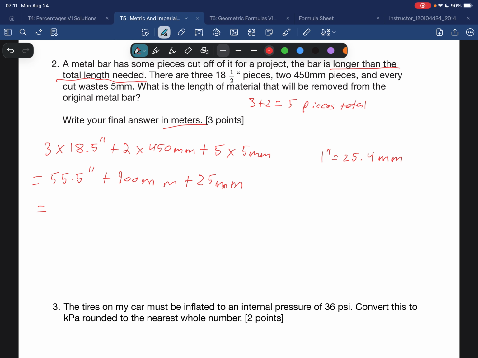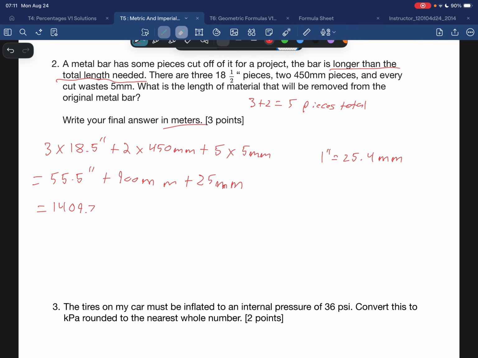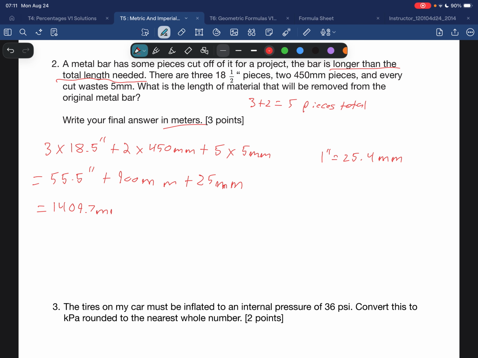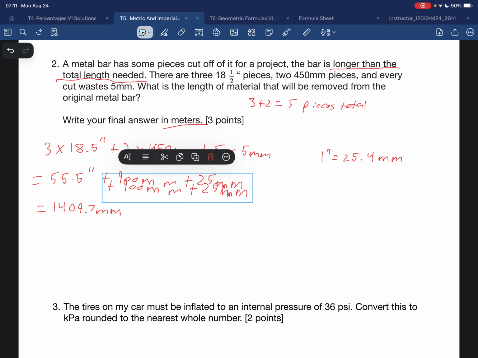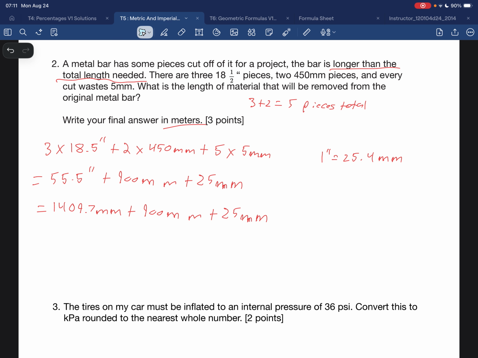So we are going to multiply this number by 55.5. So 25.4, great. This is 1409.7 plus, and sorry, this will be in millimeters. And now all of this is still the same.